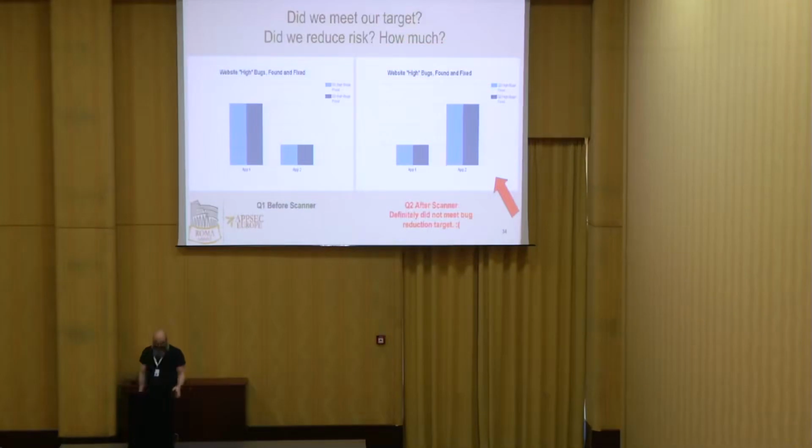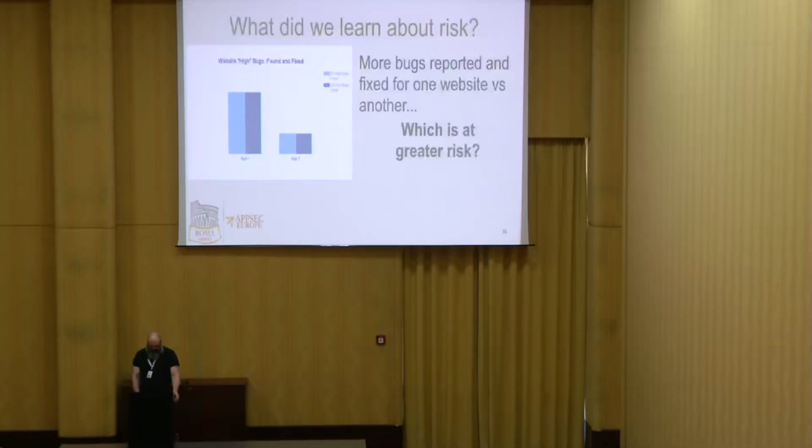We can account for the addition of the scanner, but there are too many variables that can't be accounted for, like new code and false negatives, attackers developing new tools and techniques, and insider threat. There's no way to know what can't be accounted for. And it's too easy to assume if we take a look at these two, if we ask ourselves which of these is safer. So the light blue one says Q1, high bugs fixed. Second one says Q1.